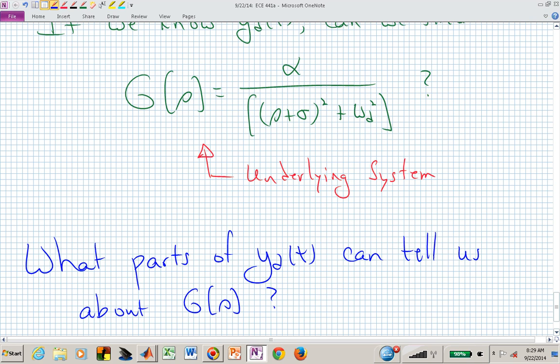Do I know any property of my system? If I said go to 2,000 and it settles at 1,000, what do you know about your system's transfer function?